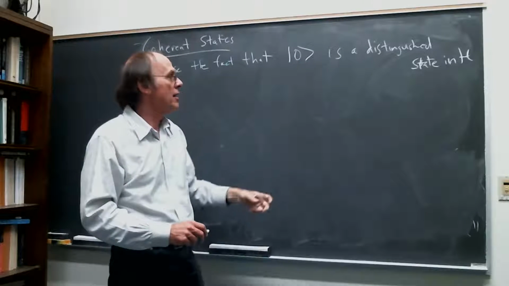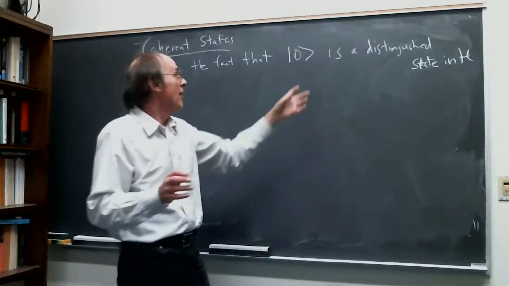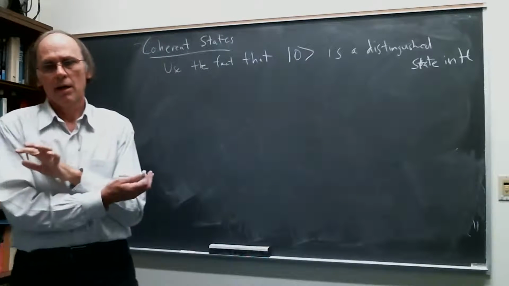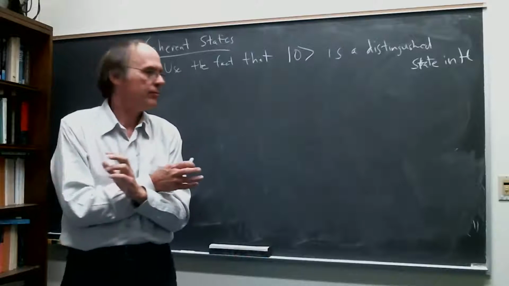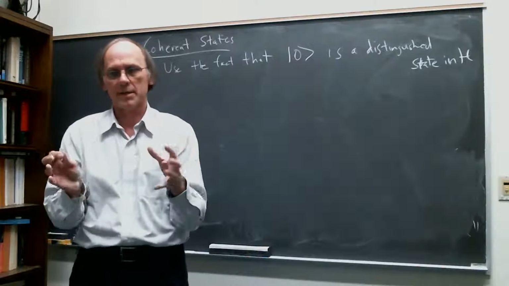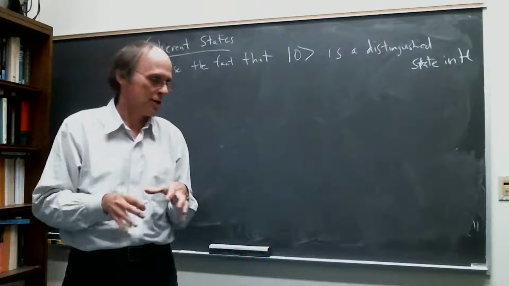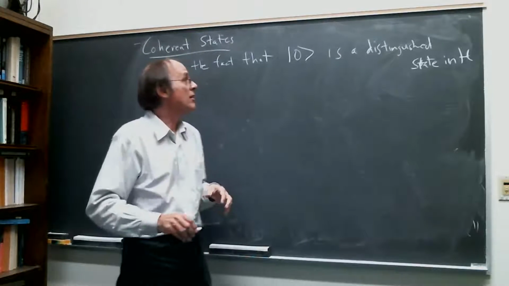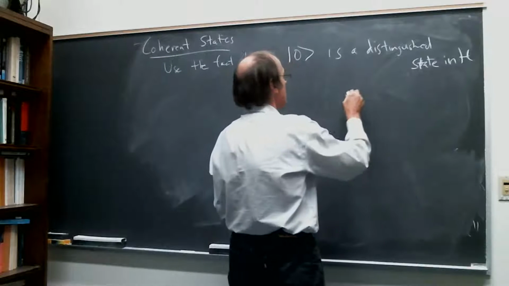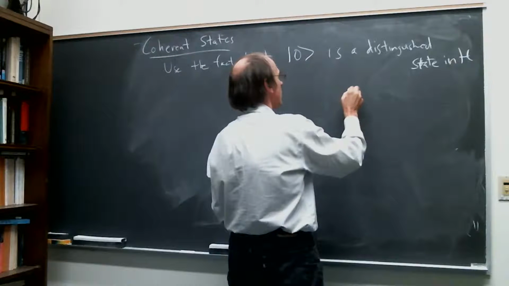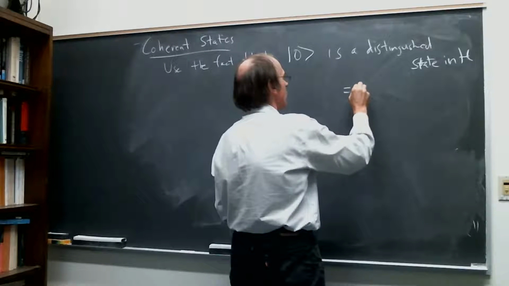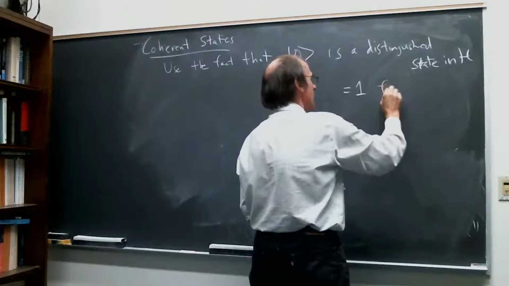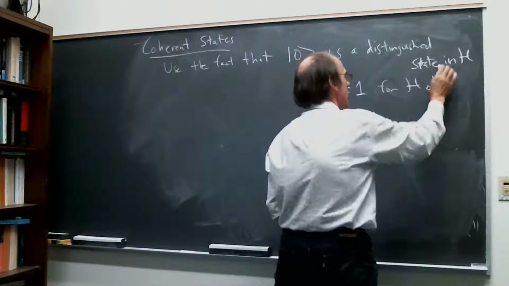In the position representation, that distinguished state is the Gaussian state, the Gaussian such that if you do a Fourier transform, you get back the same thing.